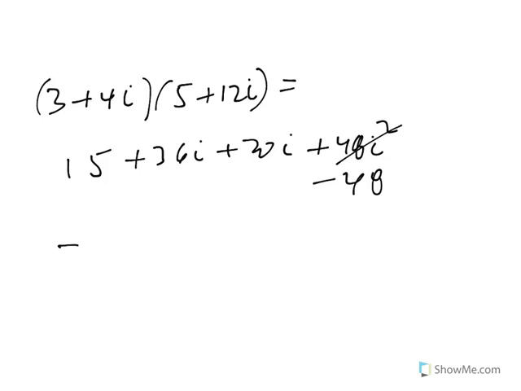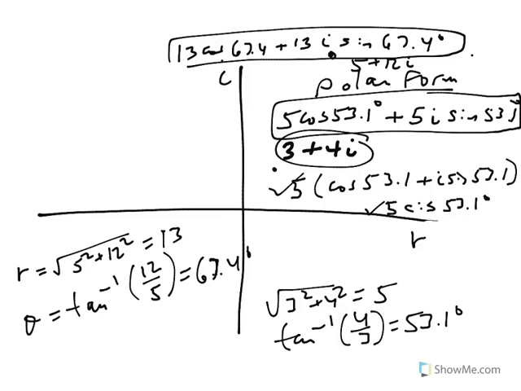Minus 48 goes together with the 15 to become minus 33 plus 56i. Now back to here. If I were to graph minus 33 plus 56i, it would be some point way up there, much higher, triple this, but I don't have enough room for it. So that's minus 33 plus 56i.